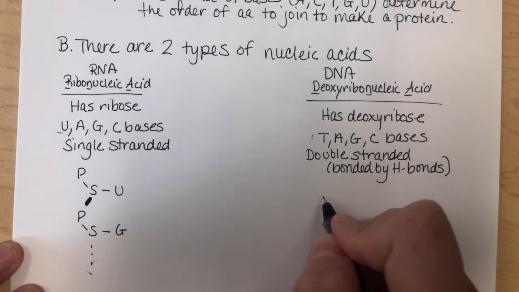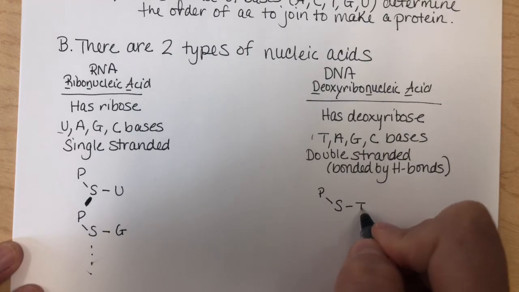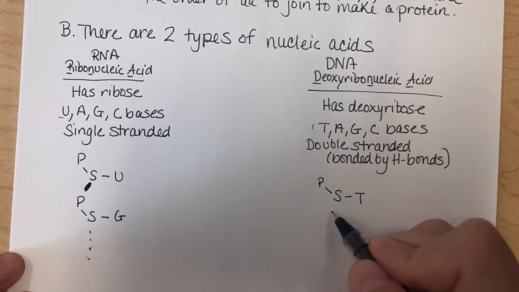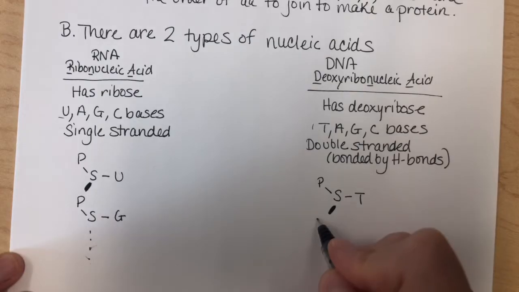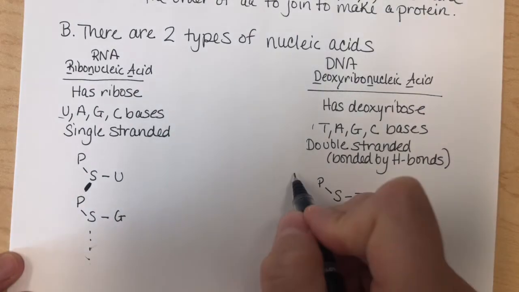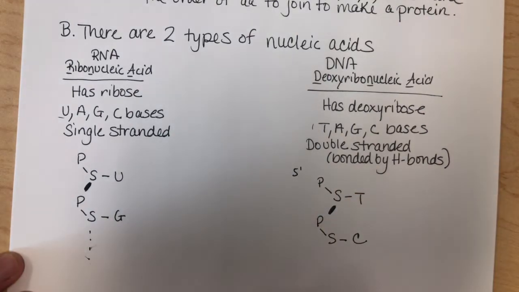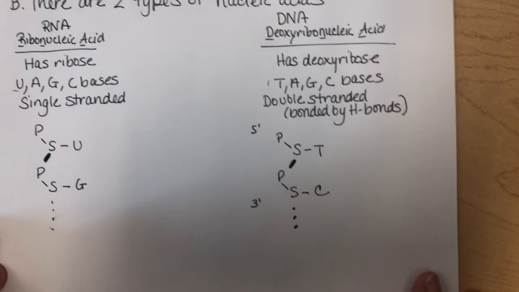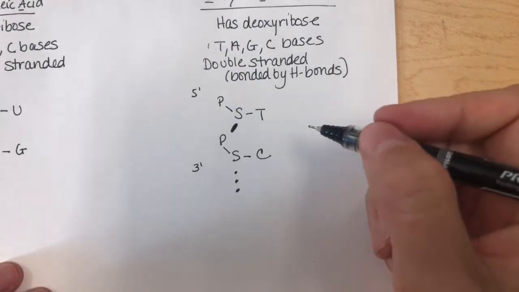Whereas this is going to be double-stranded, phosphate, sugar, and a base like T, bonded to the next nucleotide, phosphate, sugar, and a base like C, all right? And this would be your 5' end, it's the 5 of the phosphorus, and this would be your 3' end, and this would continue on. I'm only going to draw 2 just for comparison.